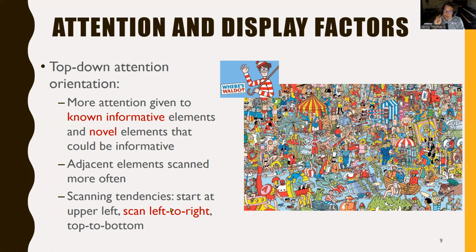It describes most humans, because most humans on Earth follow a convention where written word, so language, proceeds from left to right. In English we do that. In most other Romance languages, Western languages, it proceeds from left to right.